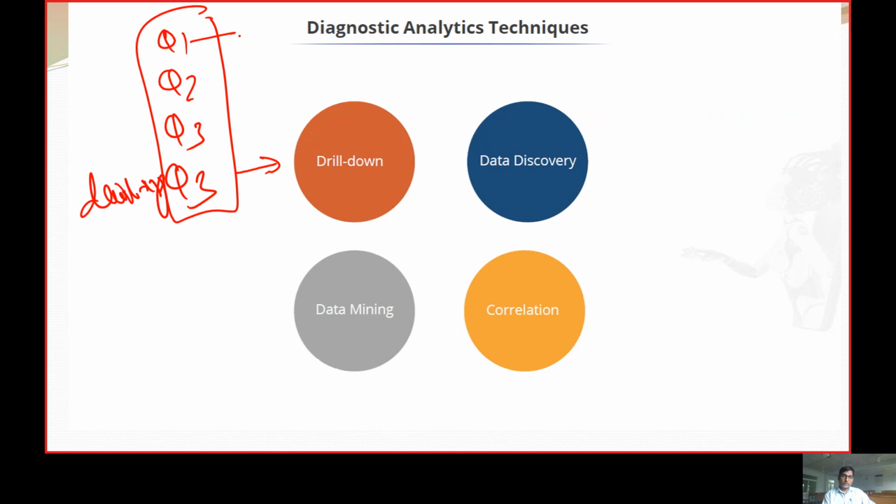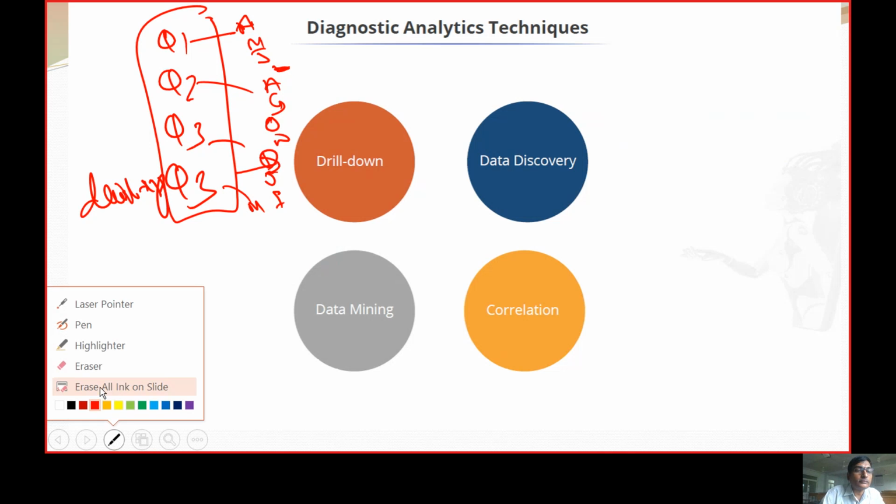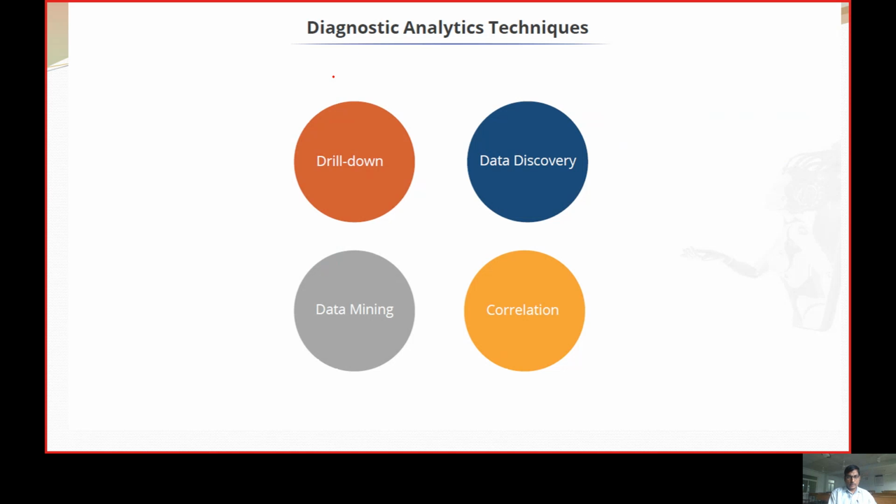Now quarter 1, I can call it April, May, June; then July, August, September; then October, November, December; then January, February, March. So in this scenario, in the financial data, it is quarter 1, quarter 2, quarter 3, and quarter 4.